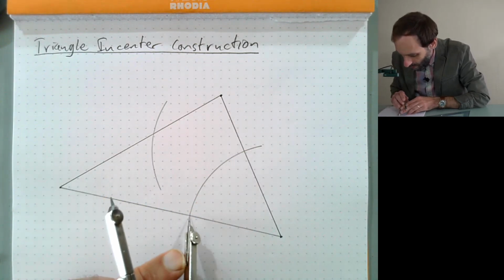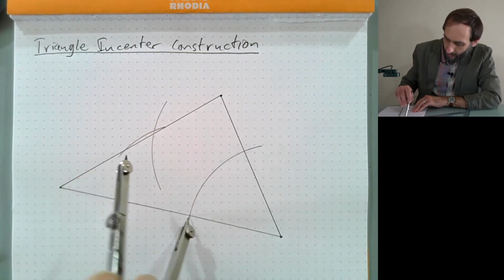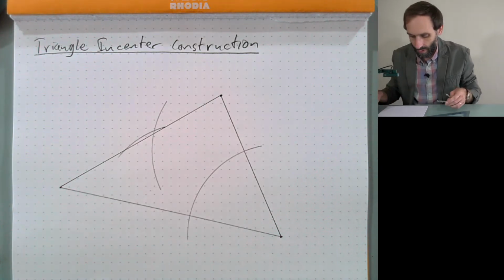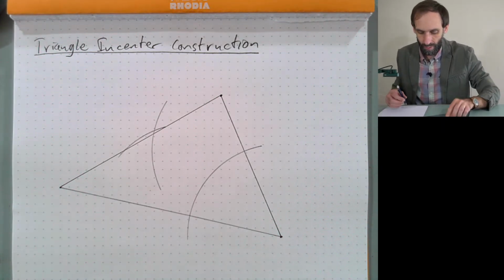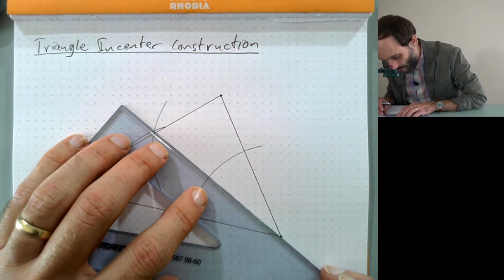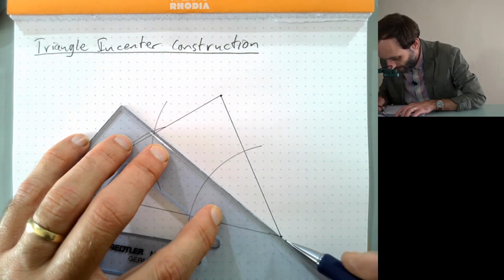This, by the way, is the rhombus version of the angle bisector construction. I showed you 2 methods in a previous video, the equilateral triangle construction and the rhombus version of the construction. But typically we use the rhombus version because we don't have to reset the compass then.